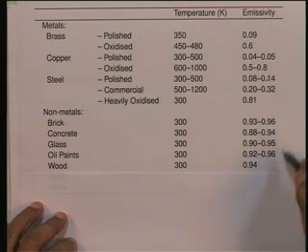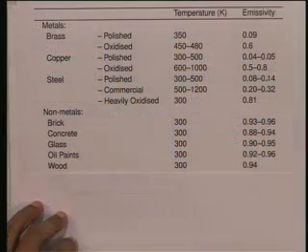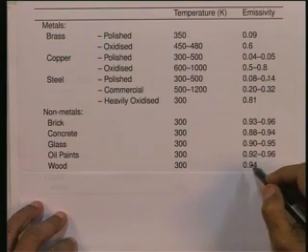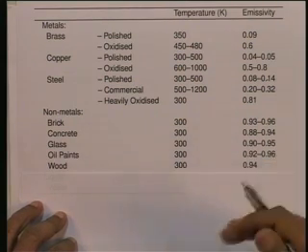So, typically a non-metallic surface would have a value greater than 0.8, more like 0.9 in most cases. Keep that in mind. A non-metallic surface usually has an emissivity of the order of 0.8, 0.9, 0.95, something like that.